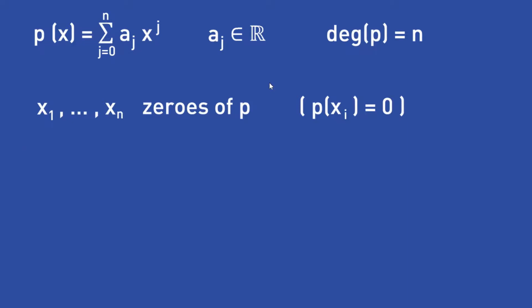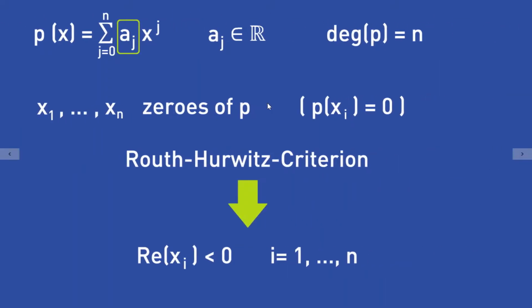Let's denote these zeros by x1 to xn. So these here are the zeros of the polynomial p. The Routh-Hurwitz criterion tells you when the real part of all these zeros is negative by taking a look at the coefficients of the polynomial p.